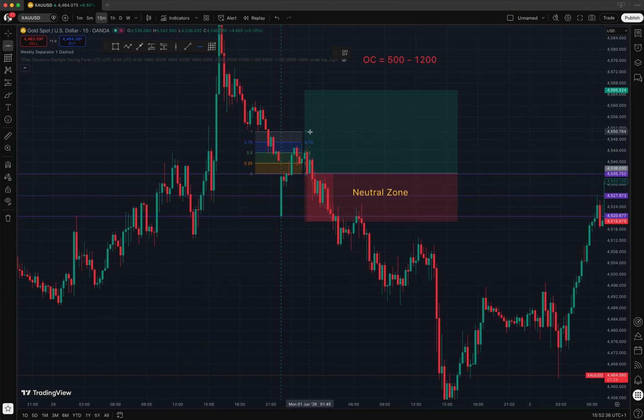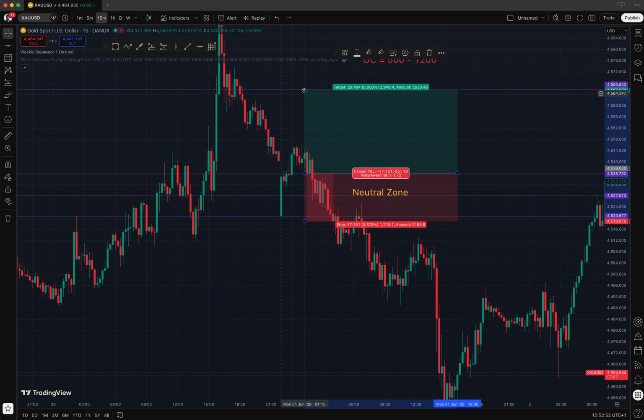That's once, and twice. This is the projection of twice the neutral zone. The take profit should not be exactly on the line, but to guarantee it, let's put it here, just a little before the line.